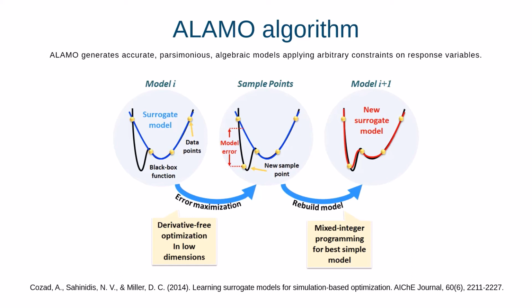Once the newly sampled points are made available to Alamo, a new model is built using mixed integer programming technologies. For this step, we leverage the optimization firm's expertise in global optimization that is available through the solver Baron. Under Alamo's hood, these problems are solved with Baron.